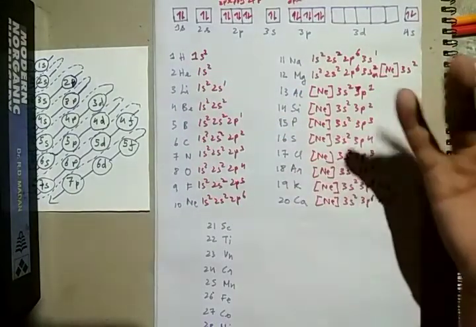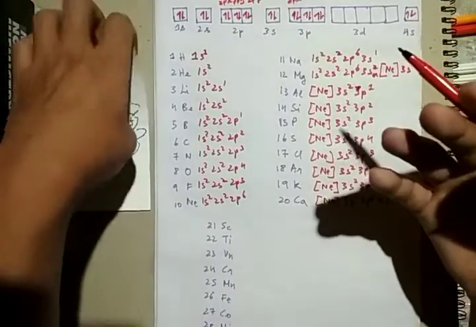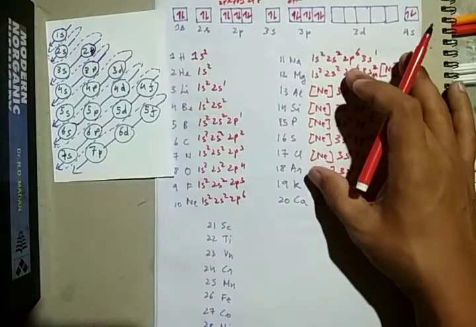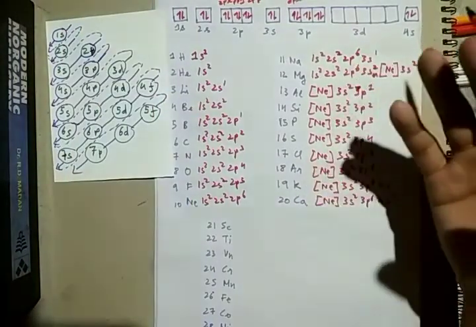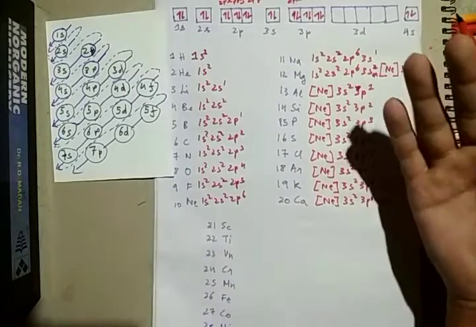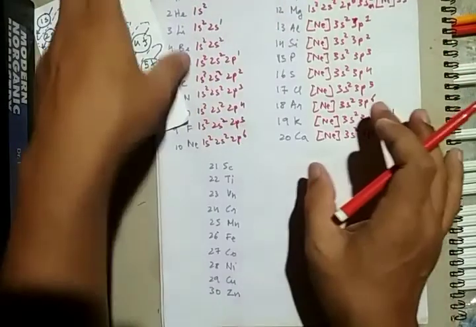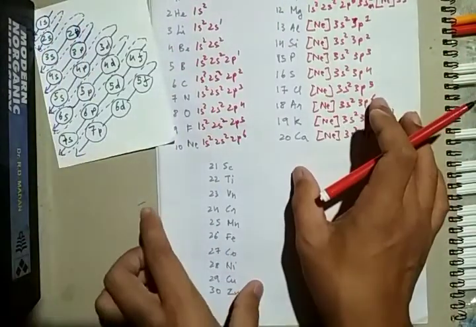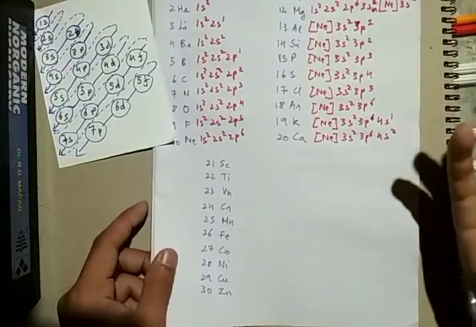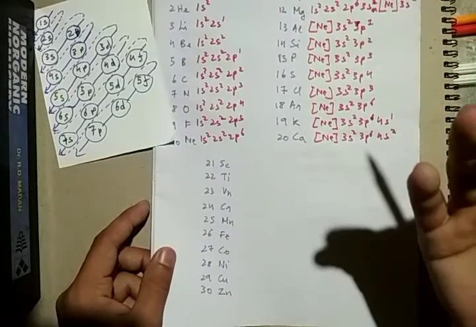This will help you in solving some questions if they are asked in the exam, and it will be helpful for you even in further study. So this is the basic. If you understand this, then you will be able to solve many questions, and it will give you a better understanding.